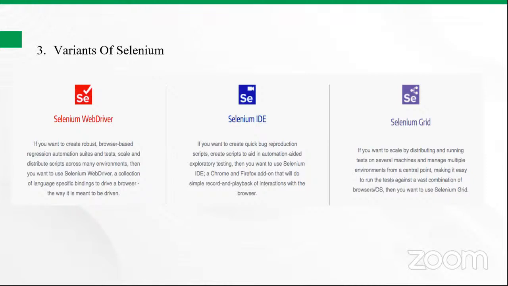It supports Java, JavaScript, Ruby, PHP, Python, Perl, and C#, and it almost supports every browser out there. So in Selenium version 2, this RC was combined and Selenium WebDriver evolved.